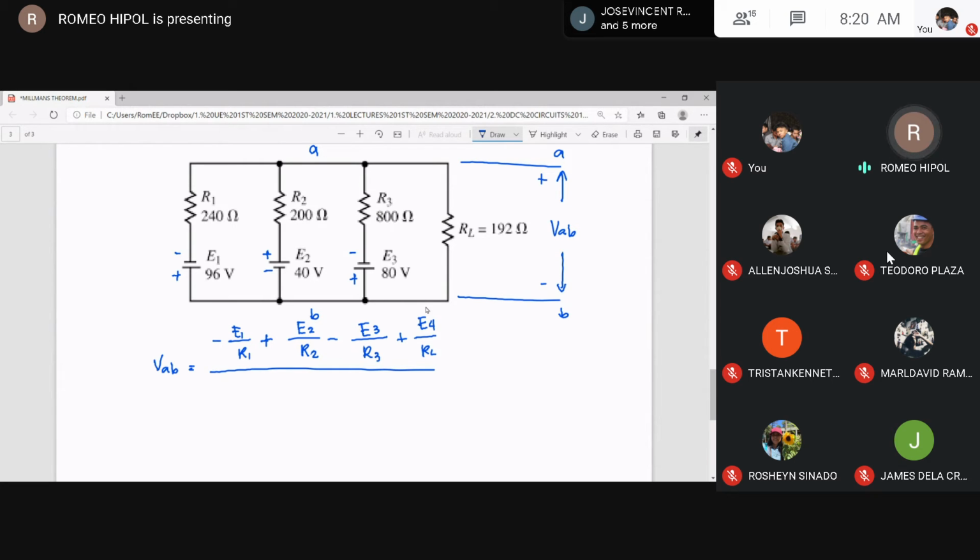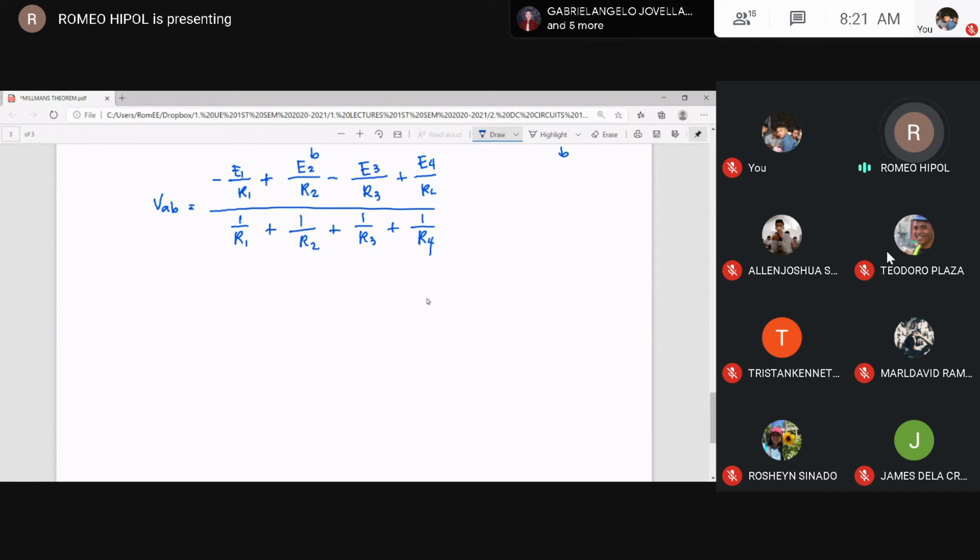Okay, let's proceed to the conductances of each branch. We have 1 over R sub 1, 1 over R sub 2, plus 1 over R sub 3, plus 1 over R sub 4. So substituting the following values for the terminal voltage AB.